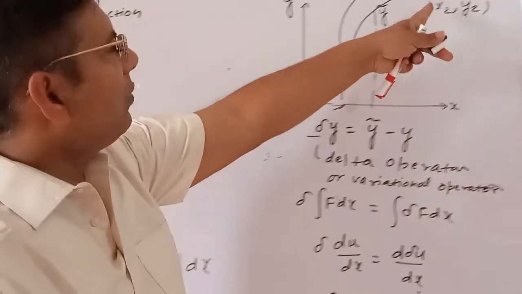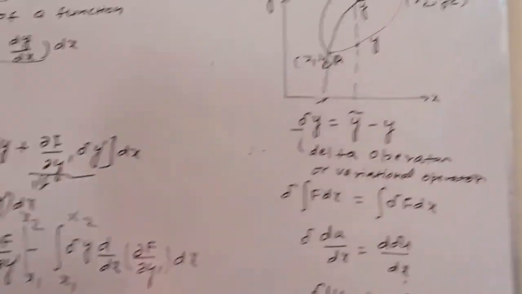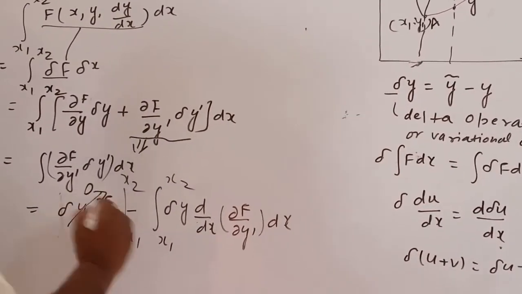And delta y at x2 is also 0. So this one will vanish, right? So we are just left with this term.